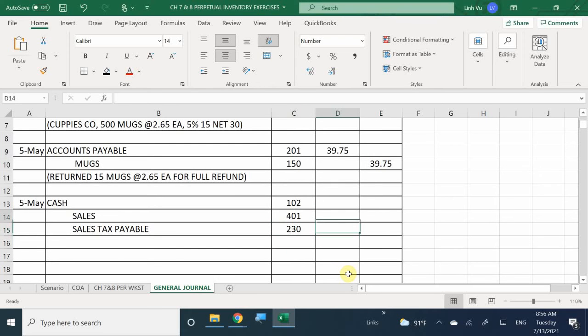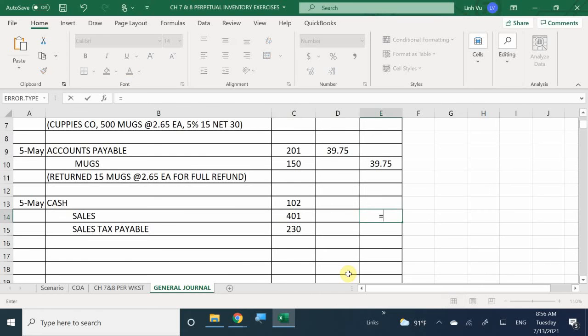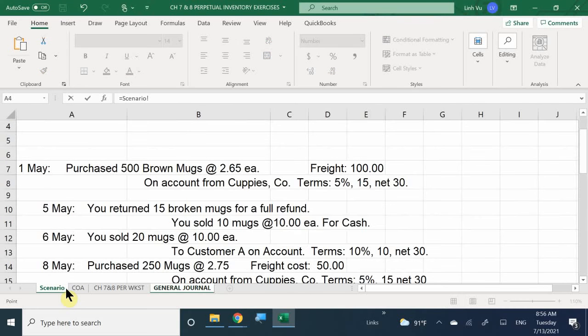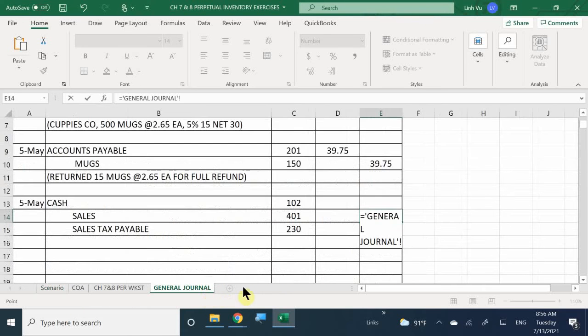Okay, so now let's figure out how much my sales were. In this case, how many cups did I sell? 10 cups. You sold 10 cups. At how much? I did not sell it for $2.65.